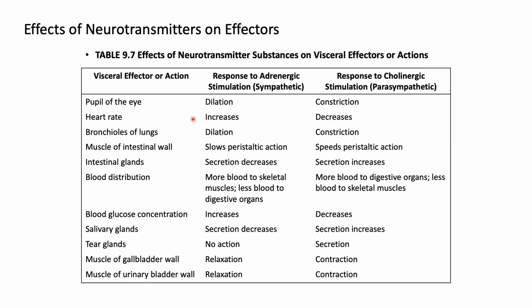So in this chart, you can see a comparison of sympathetic response versus parasympathetic response. If you look at each visceral effect or action, you will find that the sympathetic and parasympathetic work kind of opposite of each other. For example, in the pupil of the eye, sympathetic response causes dilation, while parasympathetic response causes constriction.